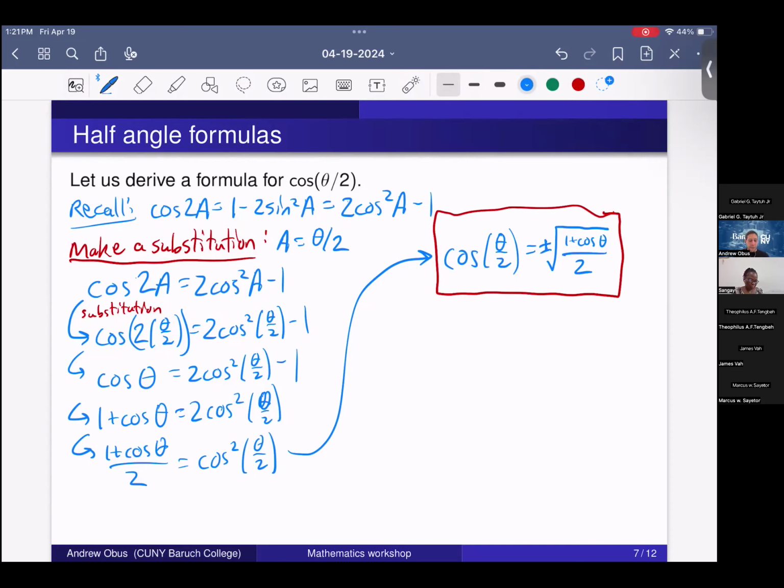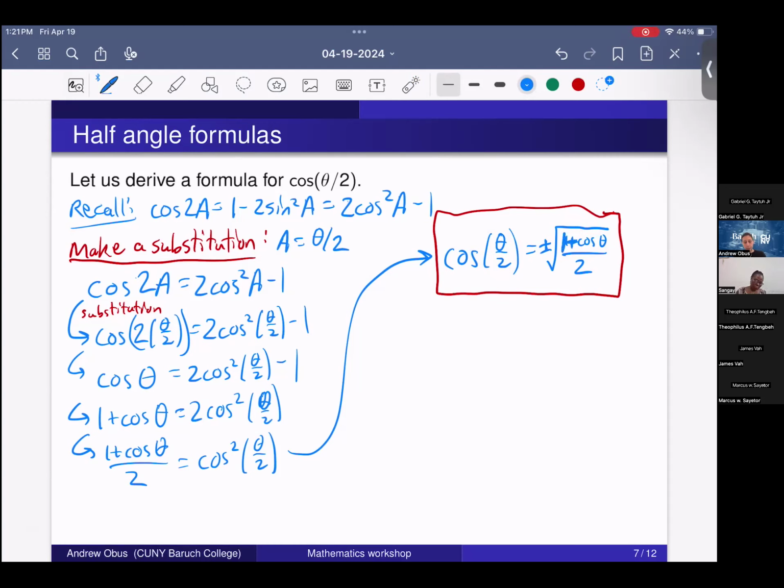Okay, so you can get the half angle formula by starting with the double angle formula and then making a substitution where a becomes theta over 2. And in that case, what happens is the 2a becomes theta, and the a becomes theta over 2, and you end up getting a formula for cosine of theta over 2 in terms of cosine of theta. Let's write that down.